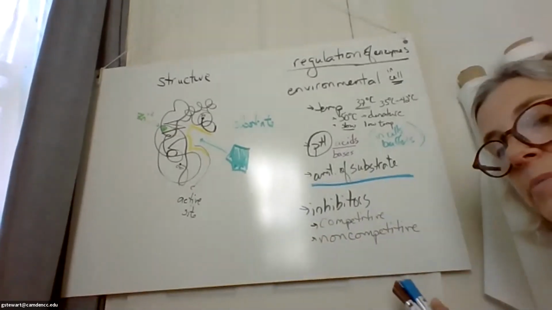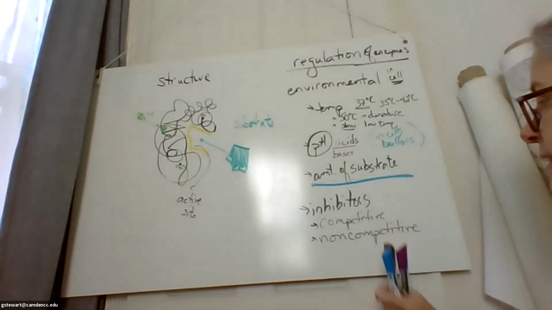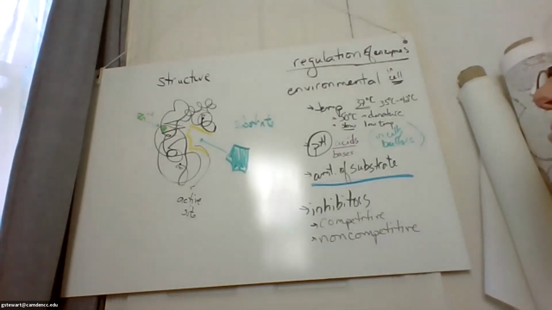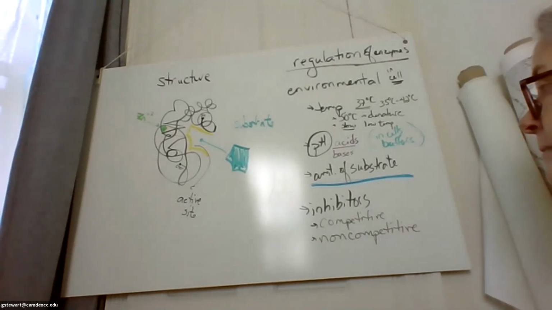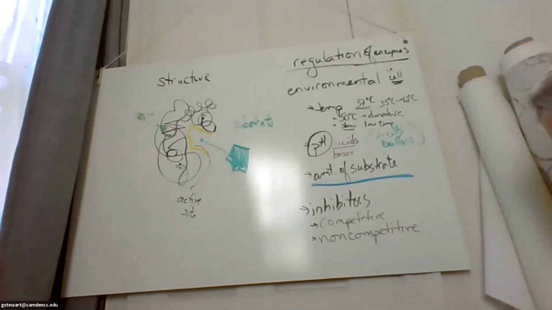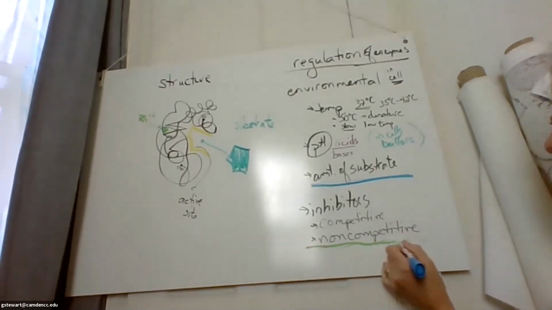The competitive inhibitors compete with the substrate for the active site. The non-competitive inhibitors, they bind someplace else, and they change the shape of the active site. A lot of pharmaceuticals, draw that in green, I guess, are non-competitive irreversible inhibitors.